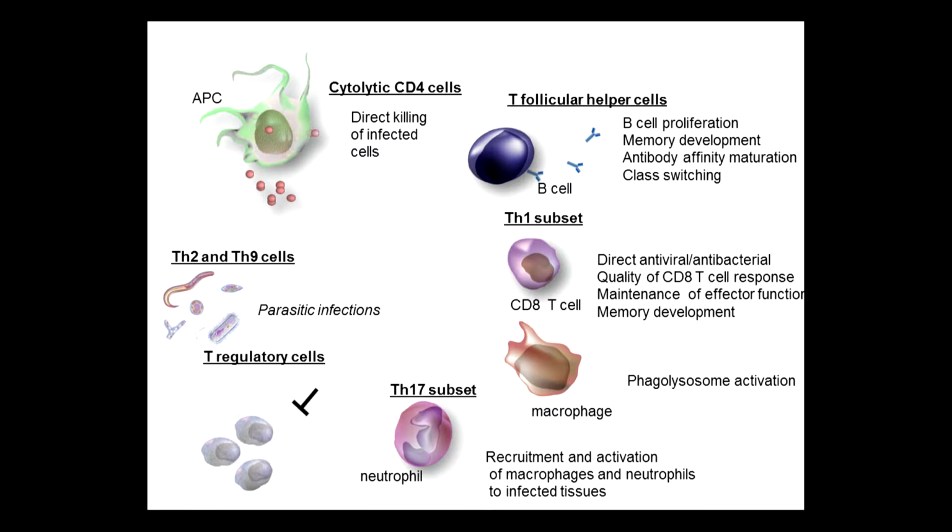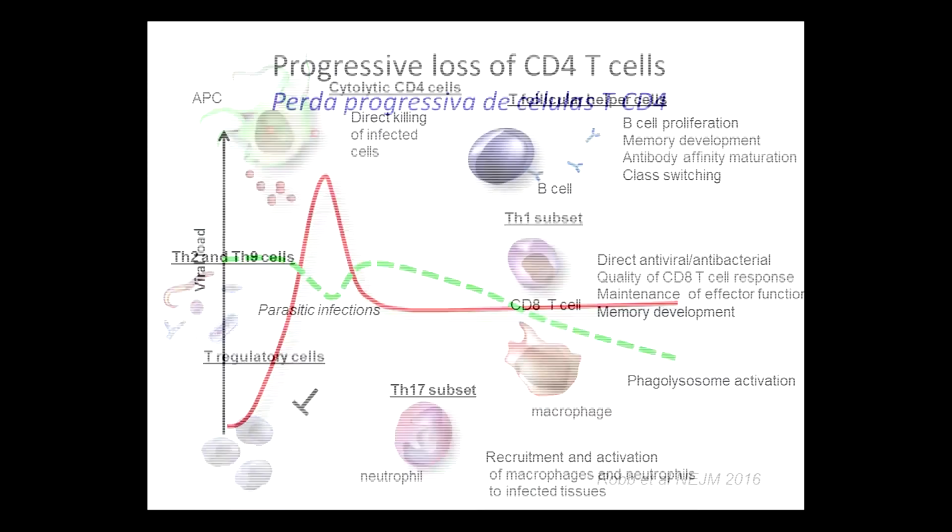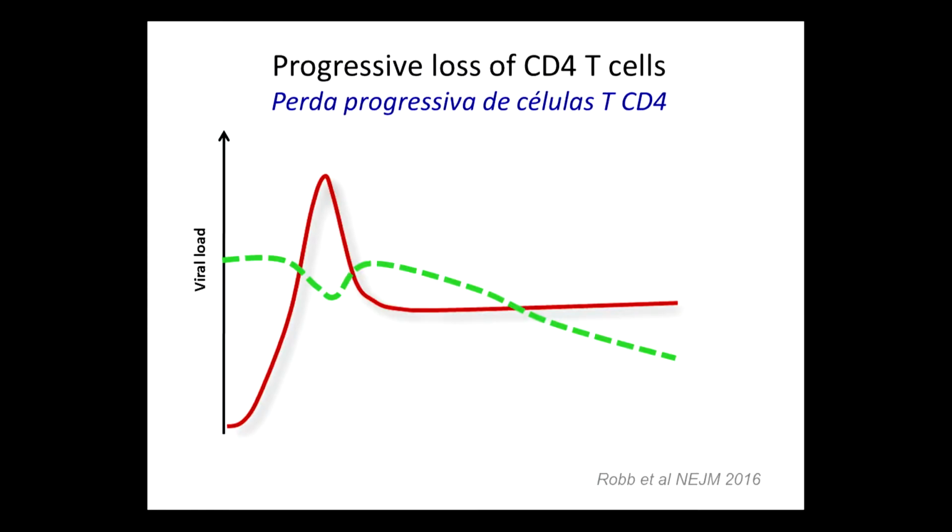Well, in HIV infection, we get this progressive loss of CD4 T cells. So we have in acute infection already an extreme loss of CD4 memory cells, and then a progressive loss of the CD4 T cells. So we have this spectrum of CD4 T cells, and they are progressively being lost.